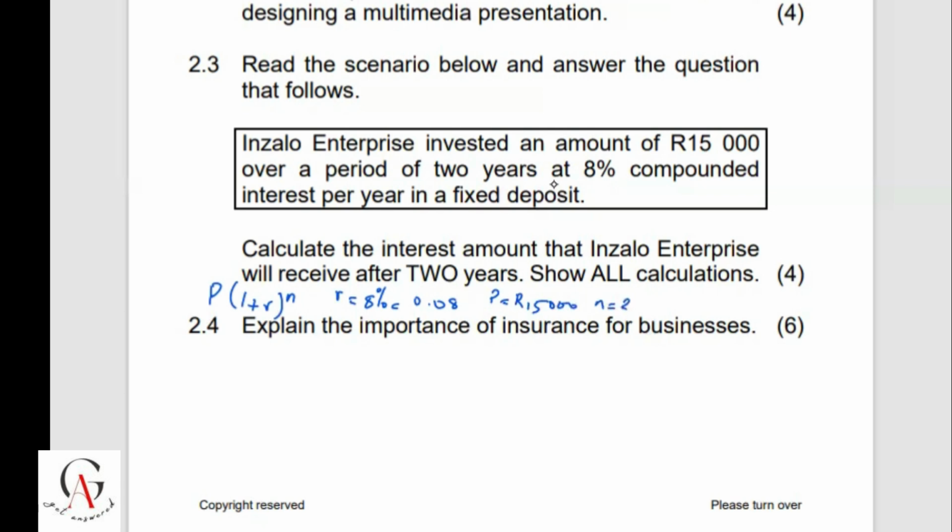So what you do, you just substitute into the given formula, where we have 15,000 multiplied by 1 plus 0.08, raised to power 2. This is equivalent to 15,000 multiplied by 1.08 raised to power 2.